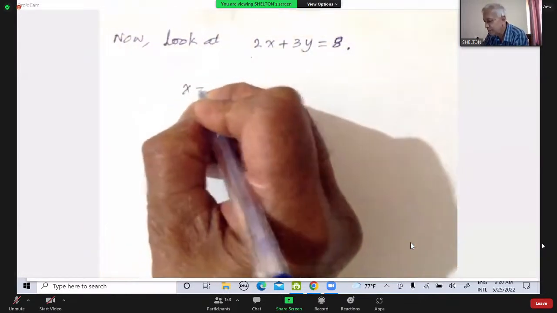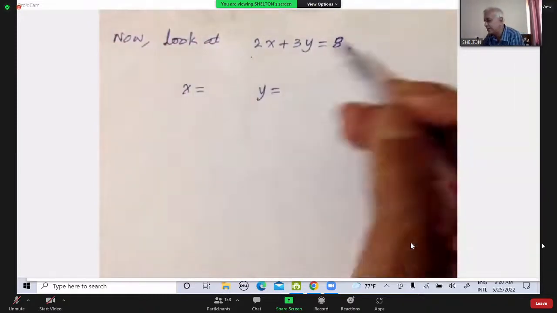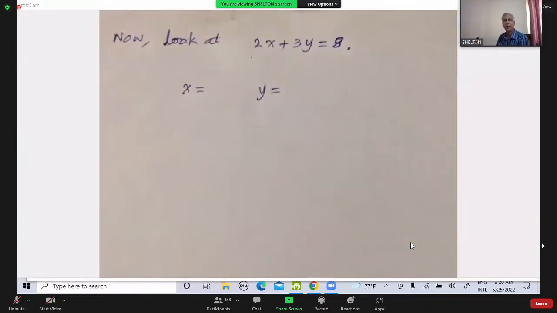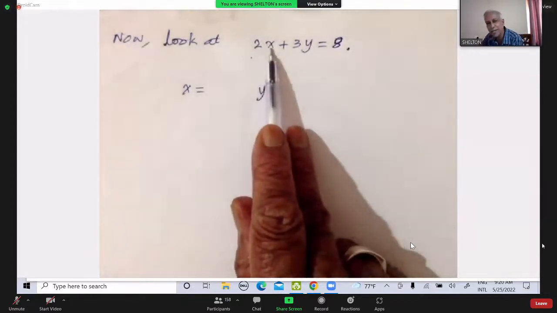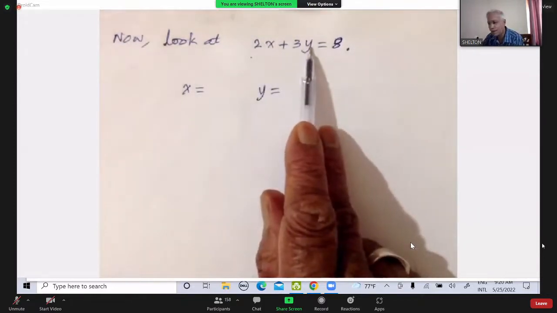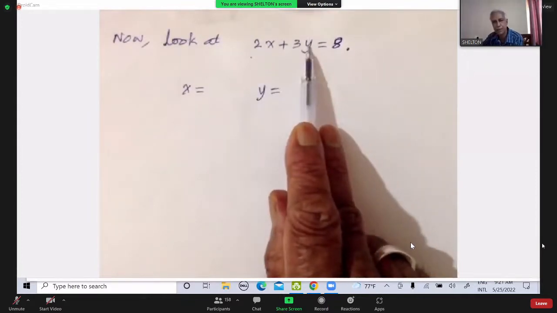Can somebody tell me a value of x and a value of y? When I put x and y into this equation, it is satisfied, so that should be a solution. Can somebody guess and tell me a number for x and a number for y?